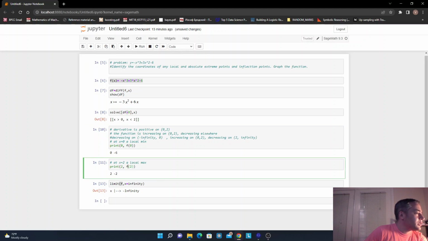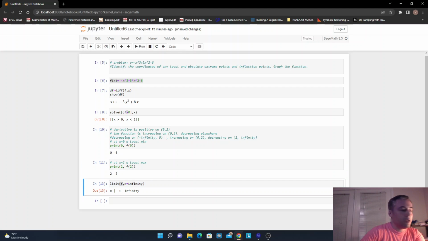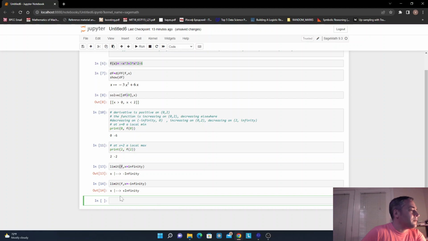All right, so we have minimums, maximums, and when x goes to infinity, the value of the function goes to minus infinity, and very similarly, we can check that when x goes to minus infinity, the value of the function goes to plus infinity.